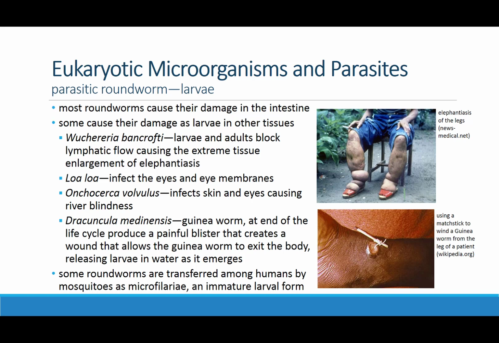And here we can see the legs of a man who is affected by elephantiasis. The larvae find their way into the lymphatic vessels. They block lymphatic flow, and without that tissue fluid being able to easily return to the blood, the extremities can become very, very engorged with lymphatic fluid, and with poor lymph return, you get these grossly enlarged extremities.